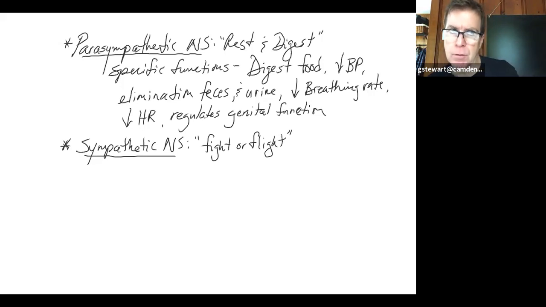That's sort of its evolutionary derivation, but it also ignites things in our body when we vigorously exercise, for example. So let's list some of the functions of this one like we did up above with the parasympathetic. First thing I'm going to do before I make a list is say something so that I don't forget.